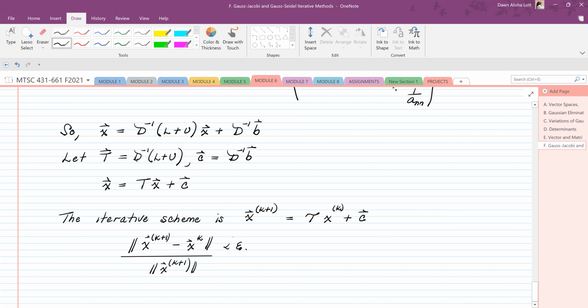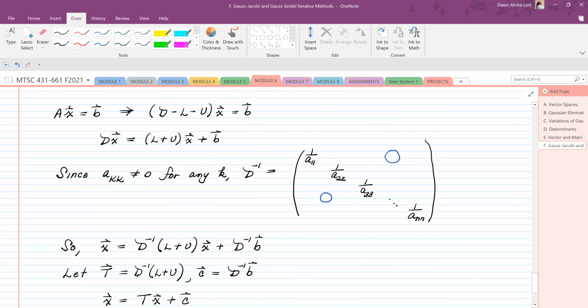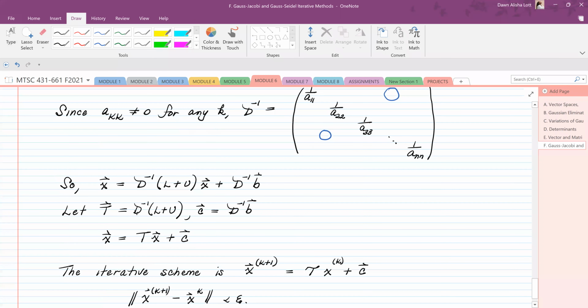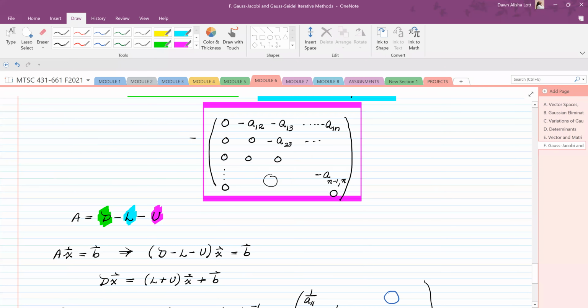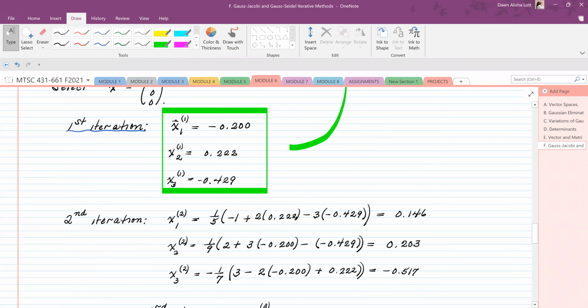So it's beautiful in MATLAB. So that is the Gauss-Jacobi iterative scheme. It works very nice.